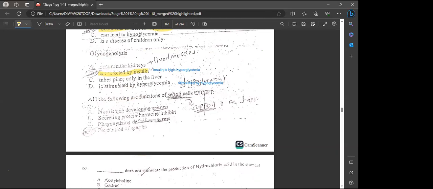Except secreting protein hormone. What's the inhibin? Yeah, it's inhibin hormone. So it's a protein secreted by Sertoli cells. So that one is correct.